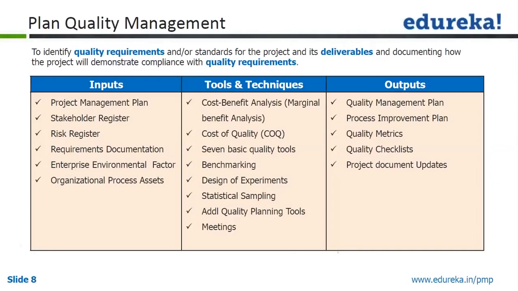Cost of non-conformance will have two costs, internal failure cost and external failure cost. In case of internal failure found by the project, by the control quality process, then you will have to do the rework and scrap. It can even be found during your perform quality assurance. So rework and scrap needs to be done.